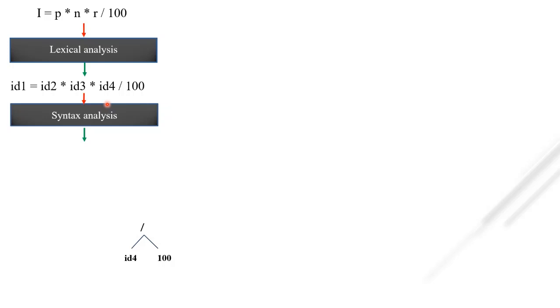Then we multiply ID3 with the answer generated by ID4 divided by 100. After that, we multiply this whole answer, which is stored in a temporary variable, with ID2. Then the answer generated by ID2 into ID3 into ID4 divided by 100 will be assigned to ID1.